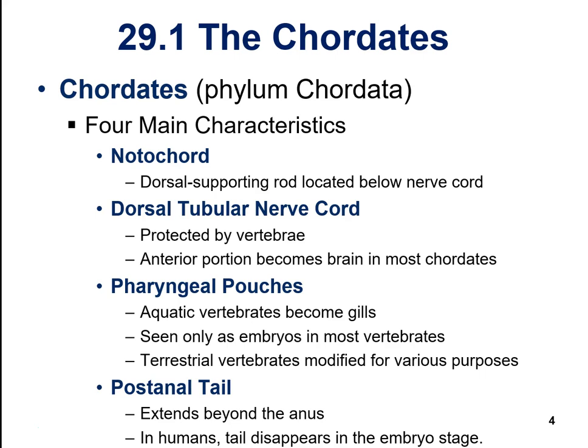And so at some point during development, all chordates will have these characteristics. It doesn't necessarily mean that it's present in the adult, but at some stage in their life. Dorsal tubular nerve cord, which is protected by vertebrae. Anterior portion will become the brain in most chordates.